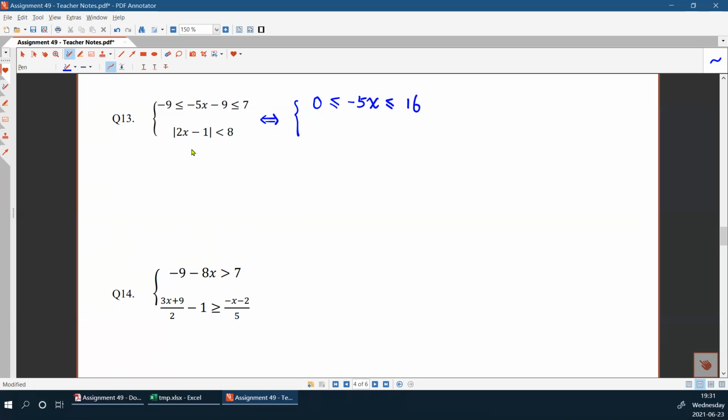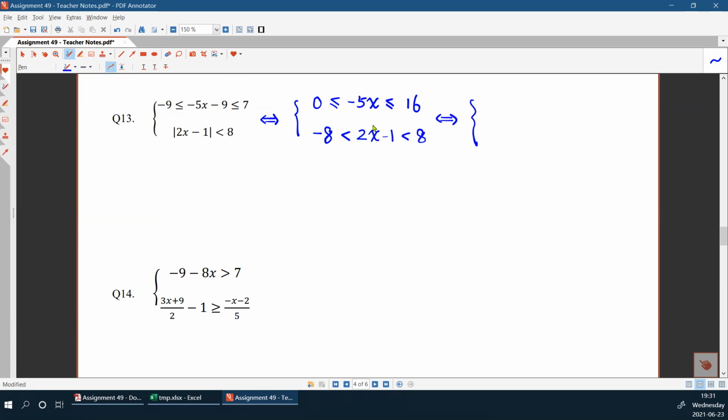This is equivalent to the distance between this number and 0 is less than 8, right? So this is equivalent to this number inside the absolute value symbol must be smaller than 8 and greater than minus 8. Remember? Okay, so this system is equivalent to, first we can divide both sides using minus 5.